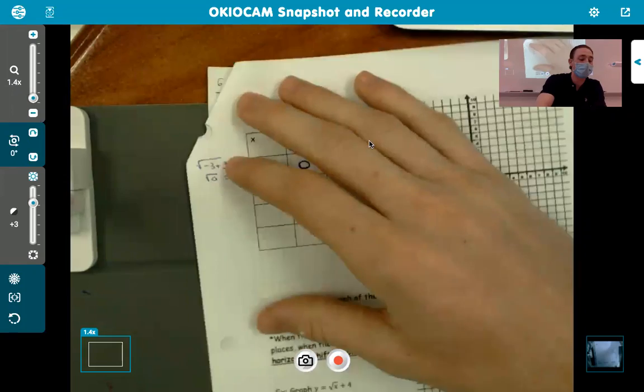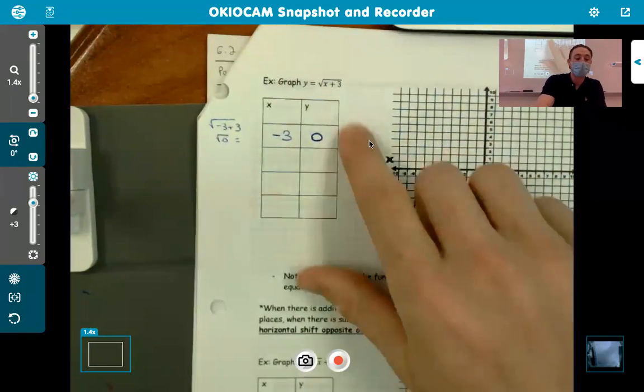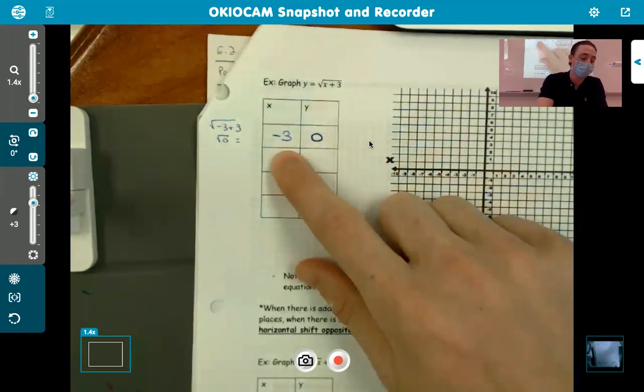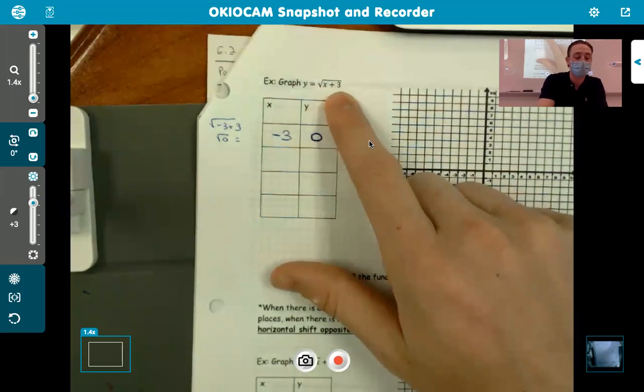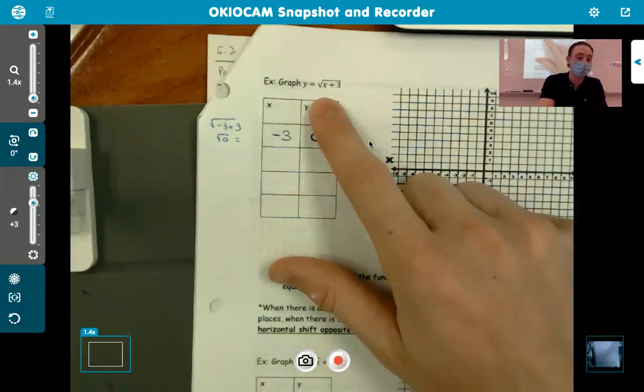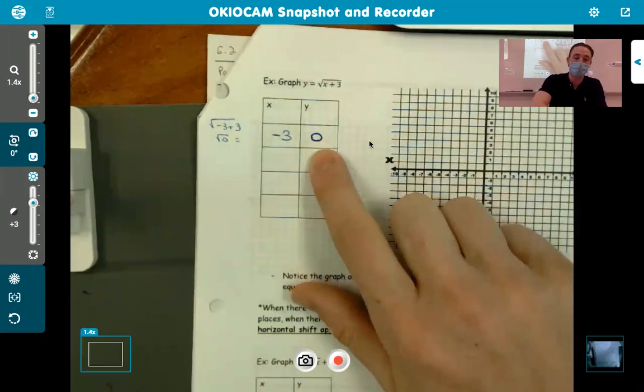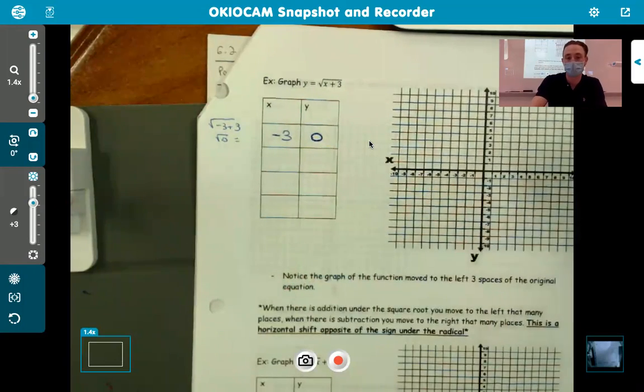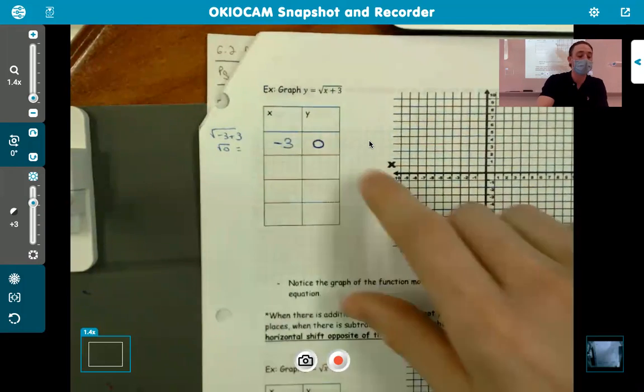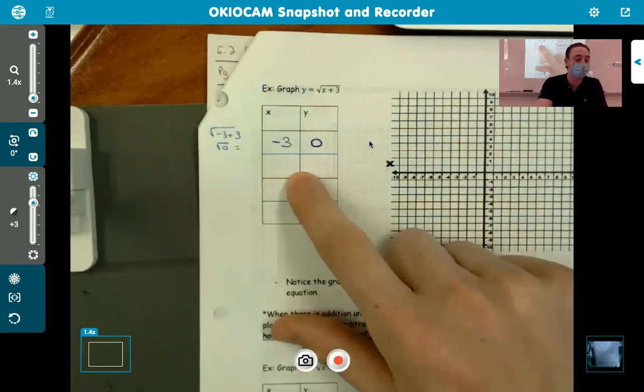So if I do the same thing in this example, what do I have to add to 3 to give me 0? Well, -3 plus 3 gives me 0. The square root of 0 is 0. I'm trying to get those perfect squares. Okay, that makes sense. So I'm choosing an x value that's going to get me to the square root of 1.